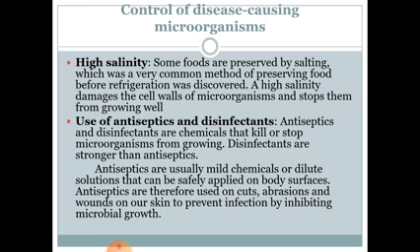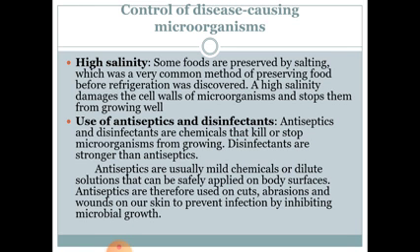Use of antiseptics and disinfectants. Antiseptics and disinfectants are chemicals that kill or stop microorganisms from growing. Disinfectants are stronger than antiseptics. Antiseptics are usually mild chemicals or dilute solutions that can be safely applied on body surfaces.